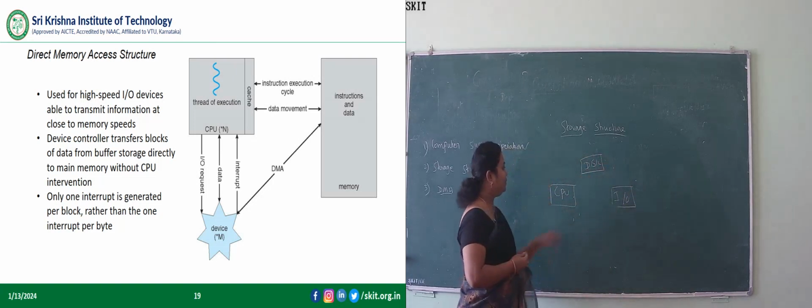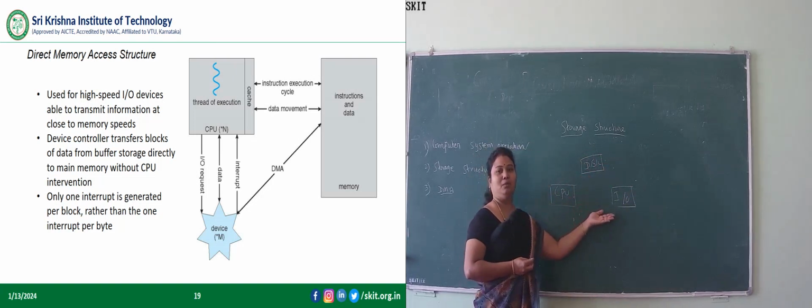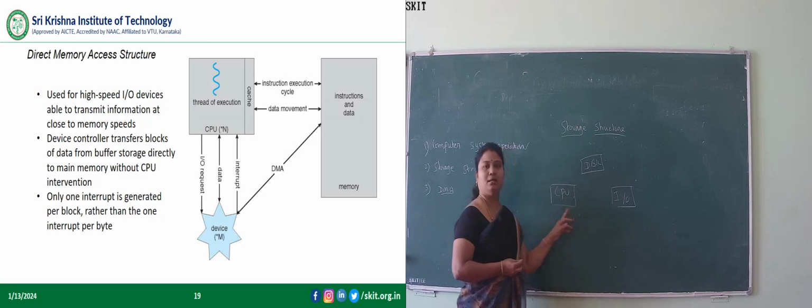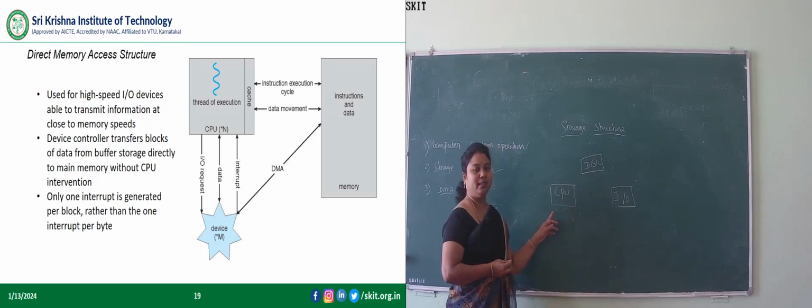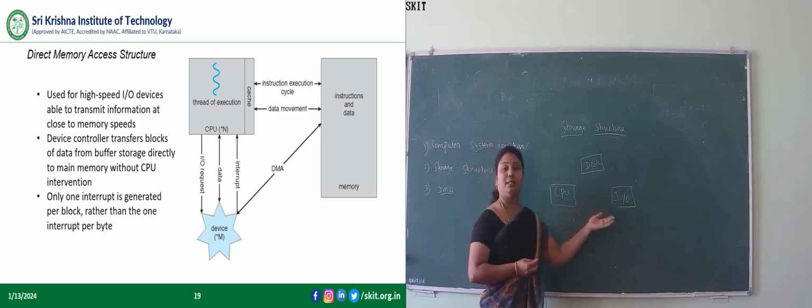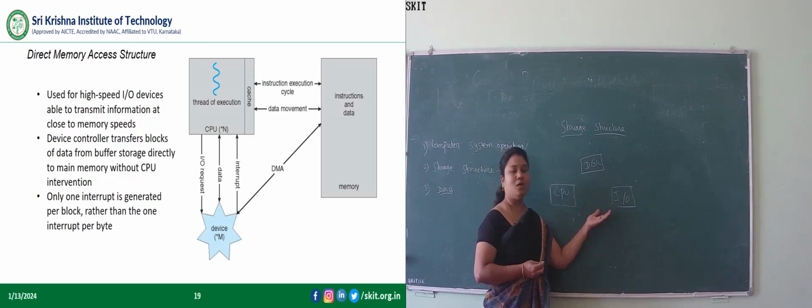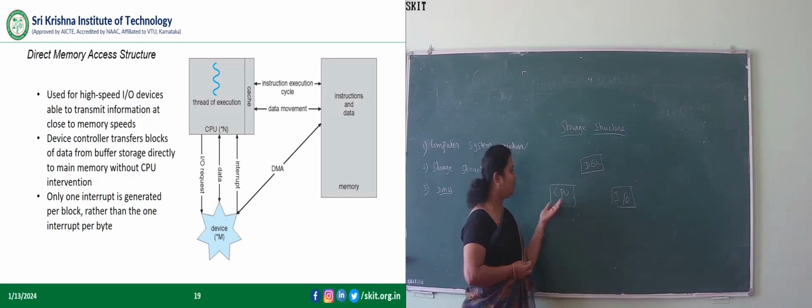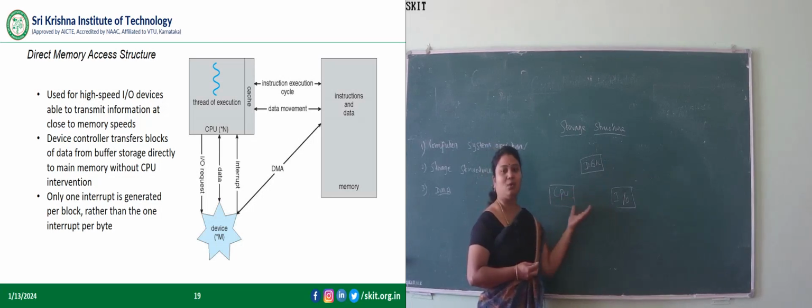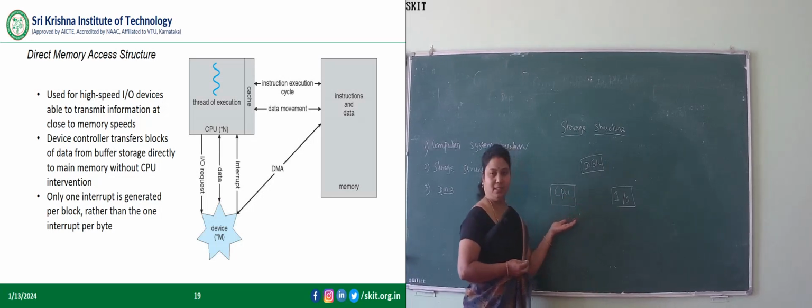Whenever the input or output device wants to perform operations, we saw in the previous class how the CPU and the IO devices coordinate with each other, and how it works in timeline cycles.